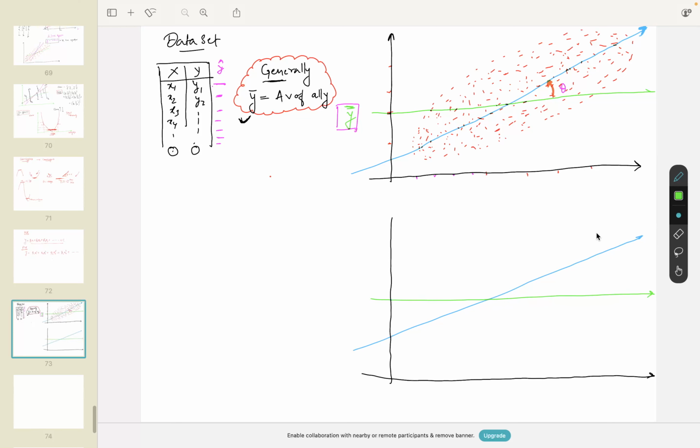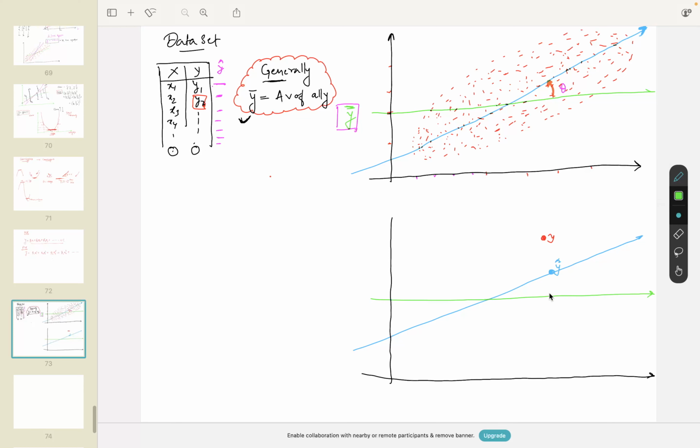Now for example, this is your y, the actual y. Then this line will have the predicted part, right? This is y cap, predicted by the linear regression algorithm.